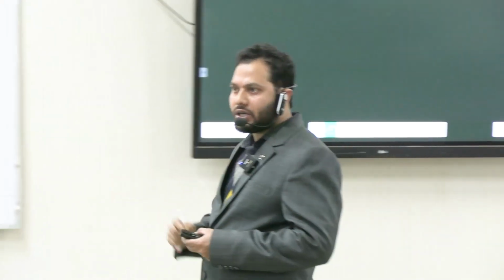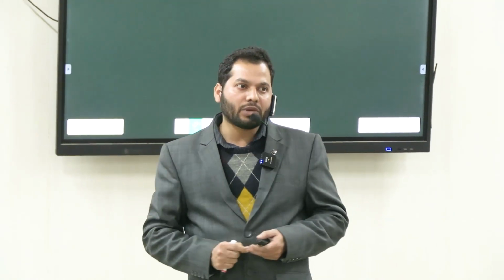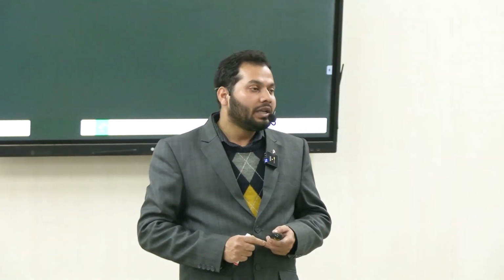The most important gene involved in this particular disease is called CFTR, or cystic fibrosis transmembrane regulator gene. And this CFTR gene is basically present on chromosome number 7. If there is a mutation in this particular gene, it leads to the development of cystic fibrosis.